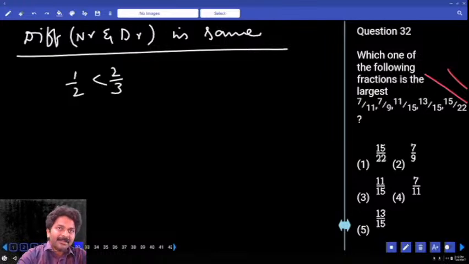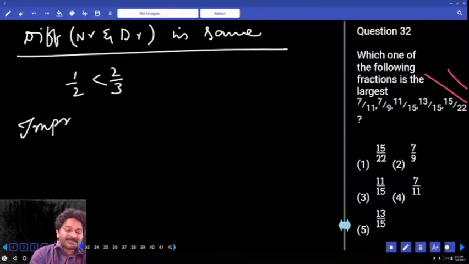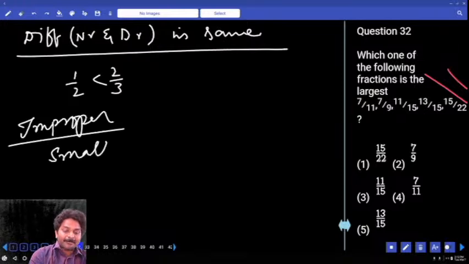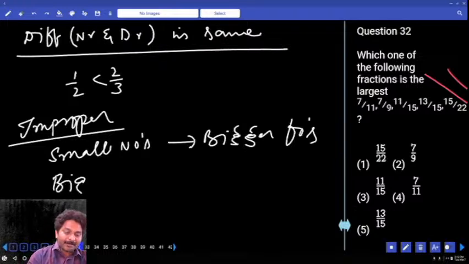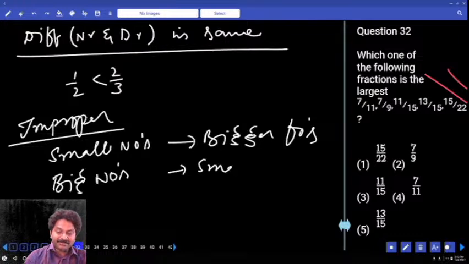Got it? If they are improper fractions, small numbers are bigger fractions, big numbers are smaller fractions.